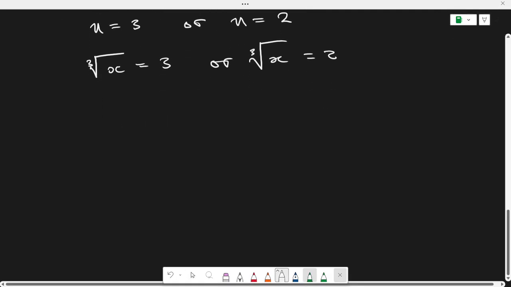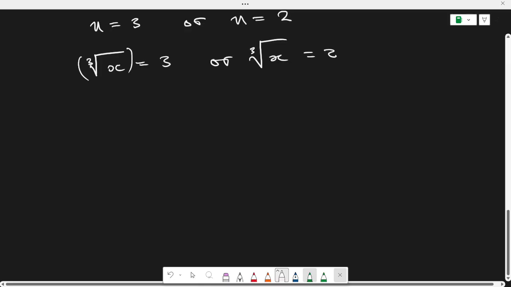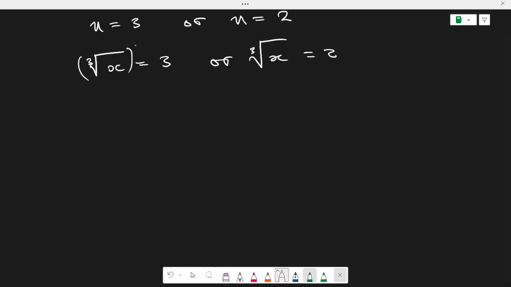Then to get rid of the cube root, we are going to raise to the power 3, even here to the power 3.